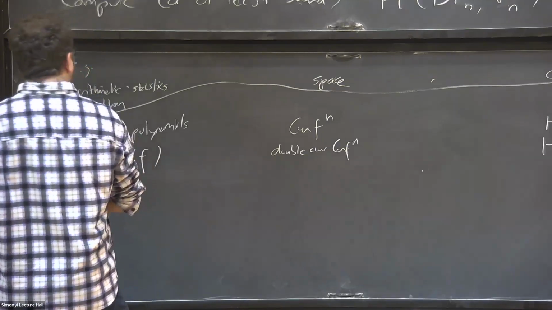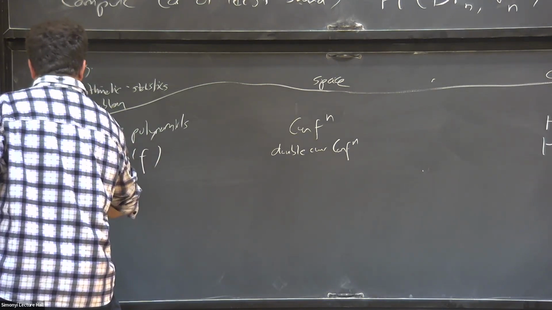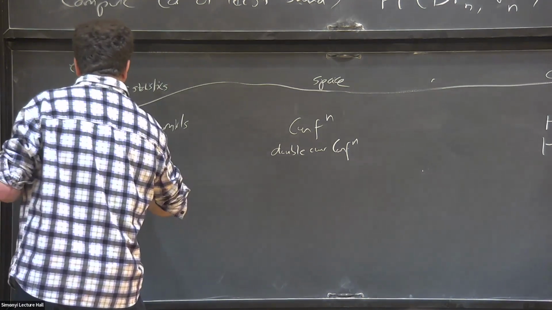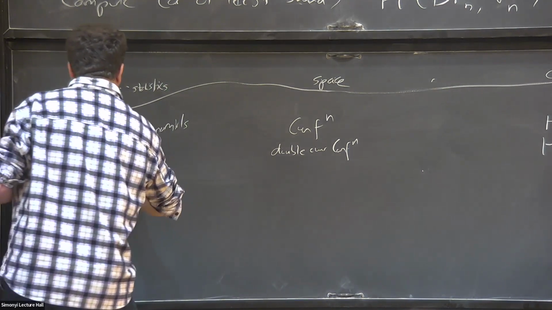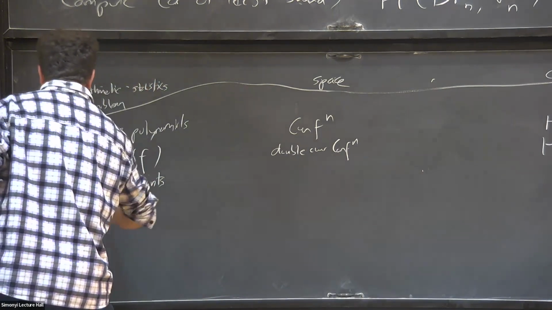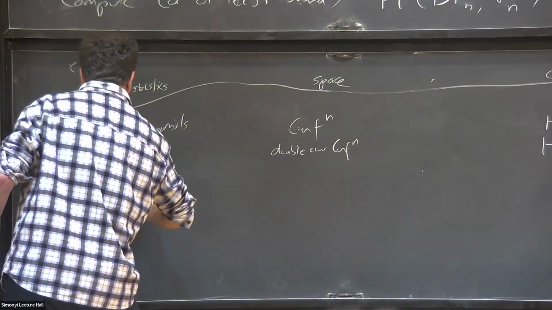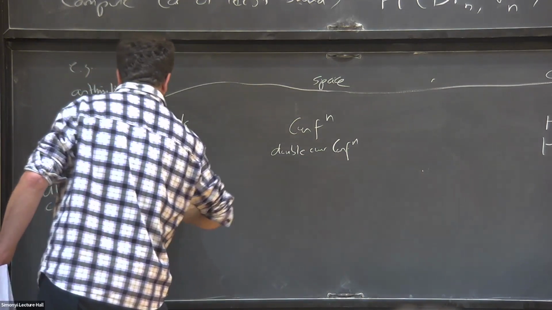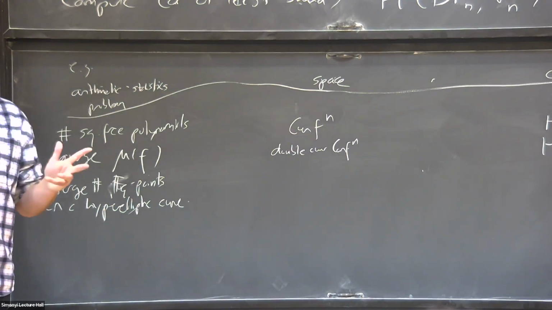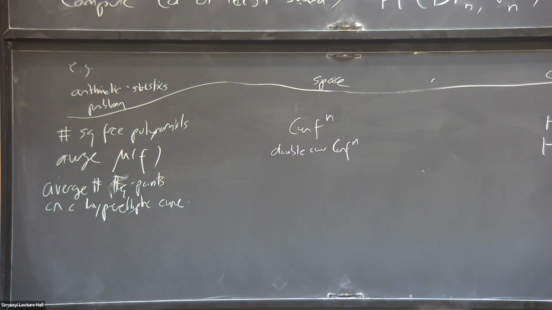Okay, how about the average number of Fq points on a hyperelliptic curve. I can get a hyperelliptic curve by choosing a square-free polynomial at random and saying y squared equals that.